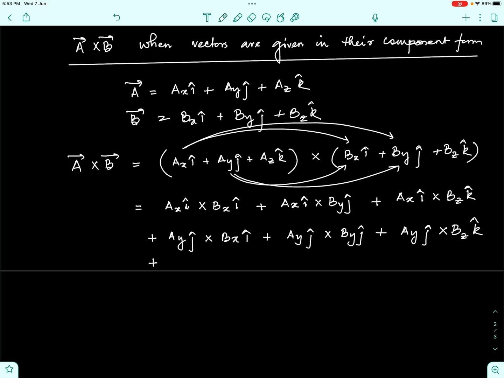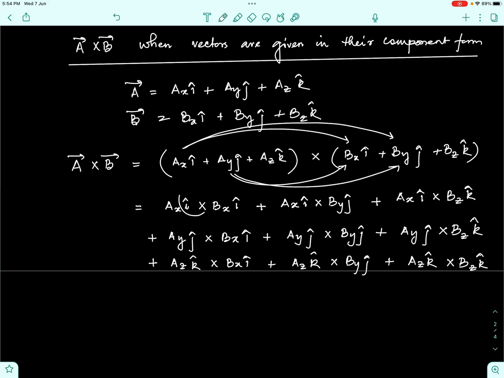The third row now: Az k cap cross Bx i cap plus Az k cap cross By j cap plus Az k cap cross Bz k cap.